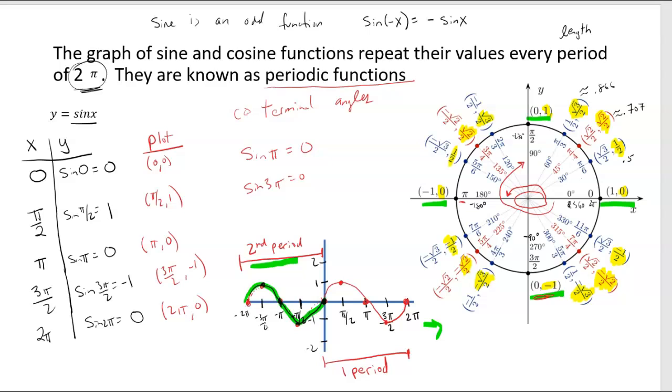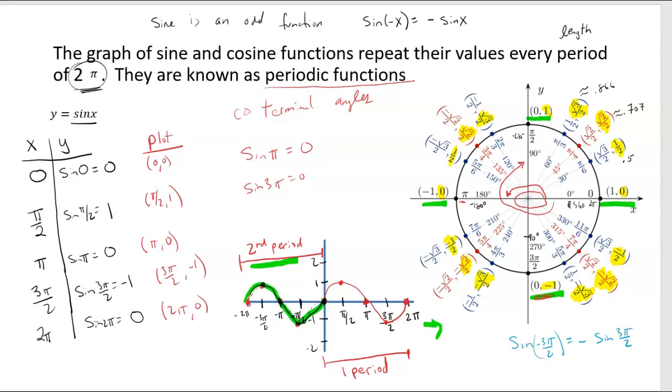Okay, and again, we can take a look at something that is on our board, right? So if I say sine of -3 pi over 2, okay, this should be the same thing as saying negative sine of 3 pi over 2.